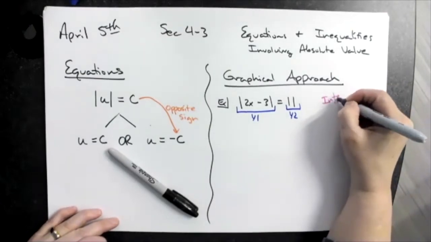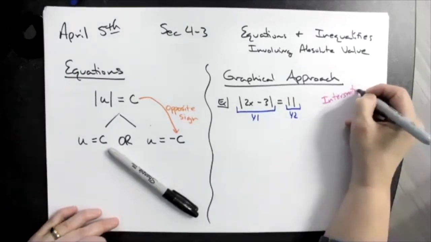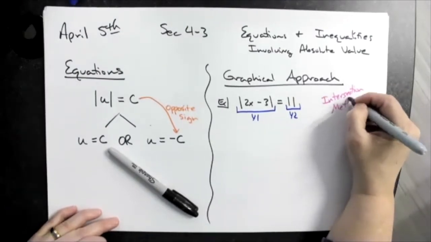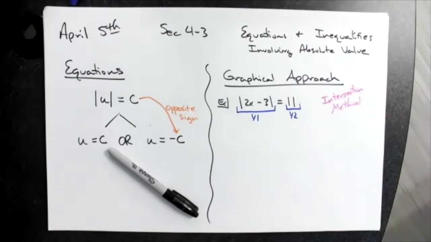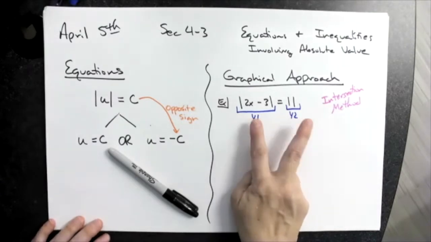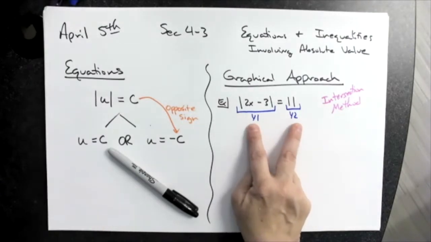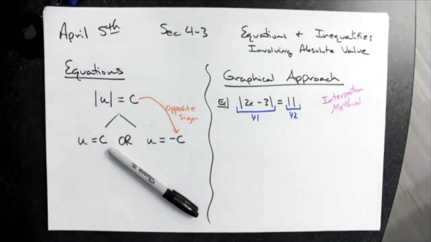It's called the intersect method when using your graphing calculator. And because it has the name of intersection method, wherever the two lines cross, those are where your solutions are. So where the two graphs cross would be the solutions.